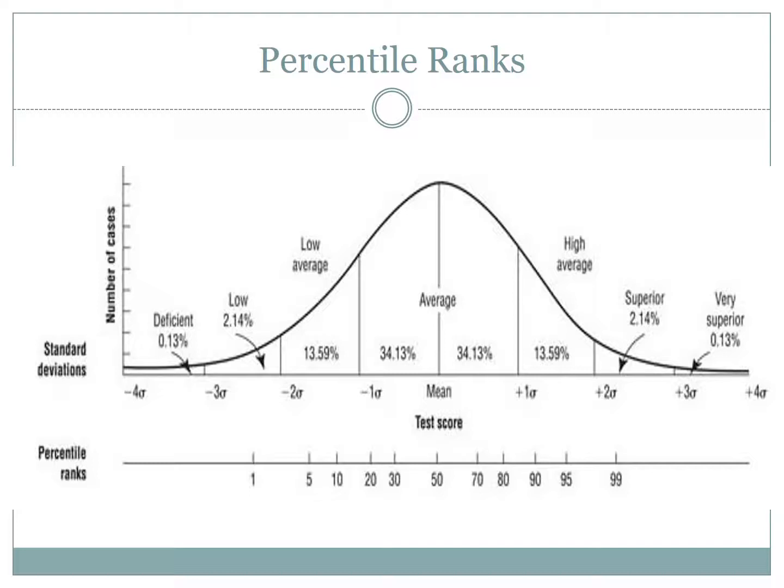Here on the top we see the standard distribution again with the standard deviations, and here we also see the percentile ranks, the corresponding percentile rank. So you can see if you scored the 50th percentile rank, you scored average. If you score around the 86th or 87th percentile, you scored one standard deviation above the mean.